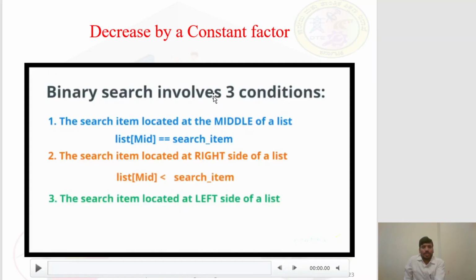Next, coming to the decrease by a constant factor. As in the first session, I took the example binary search.